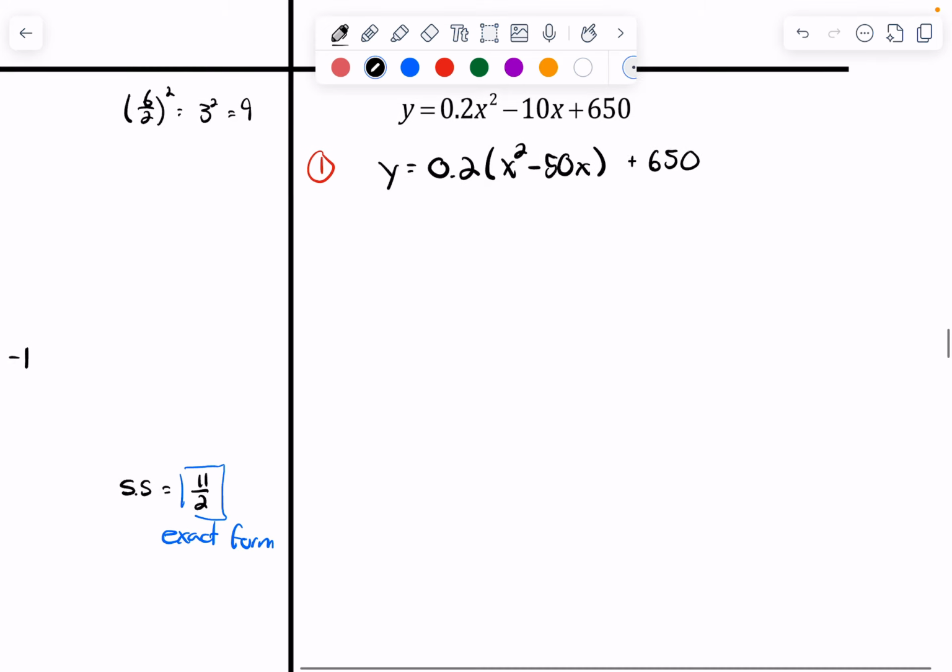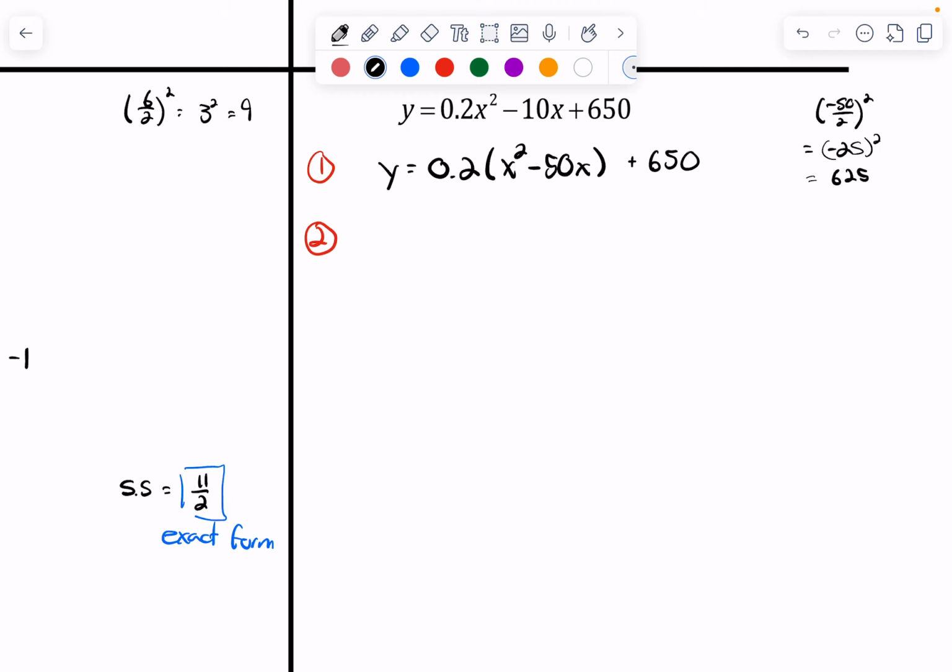Okay, now, next step. Take the b value, which is minus 50, divide it by 2, and square it. So you will get minus 25. Square that number, and I'm pretty sure 25 squared is 625. 25 squared, yep, 625.